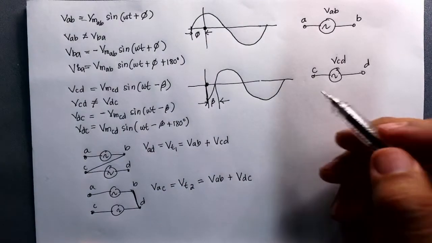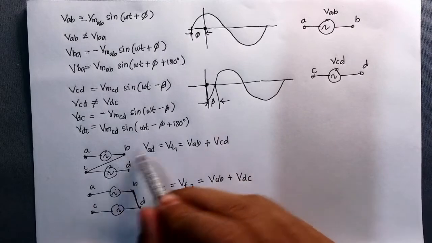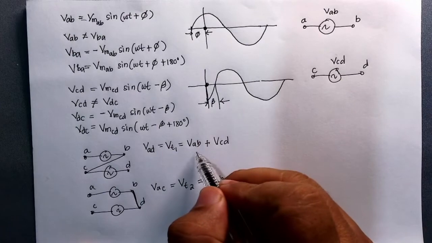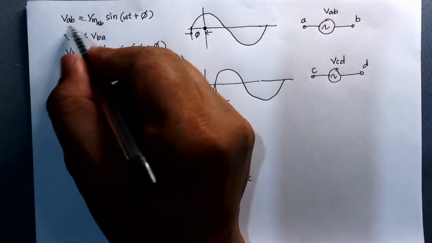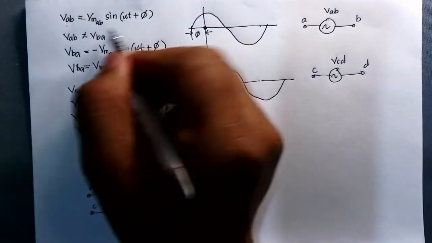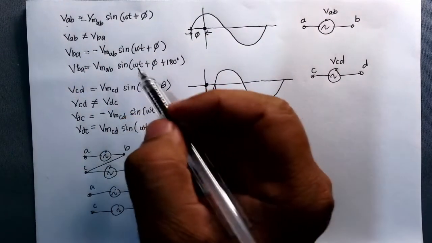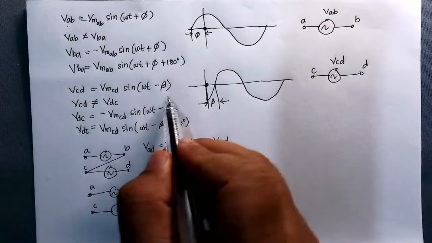Okay, so in this case, for the first way of connecting the sources, we have V sub AB, we just have this equation and add V sub CD. V sub CD is this one.